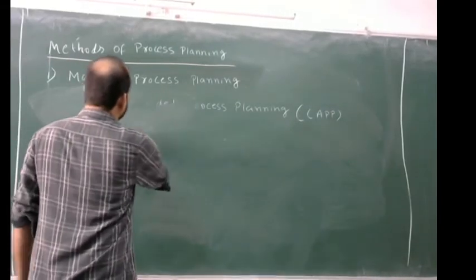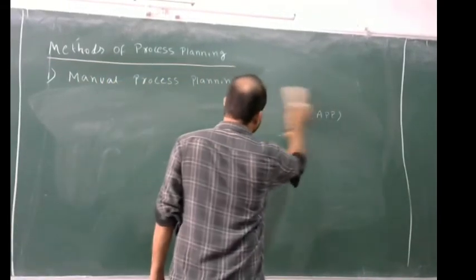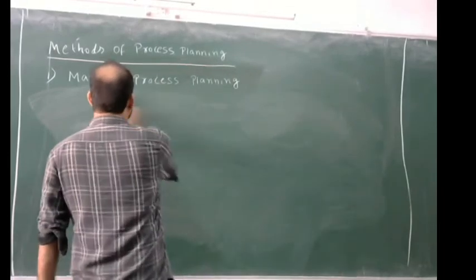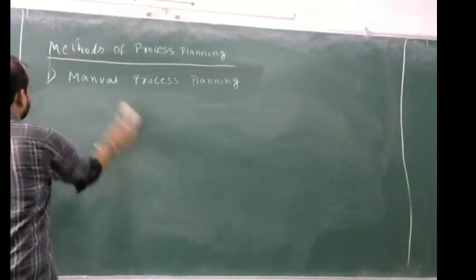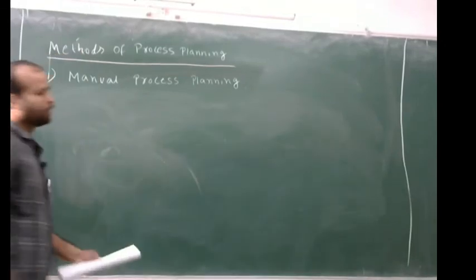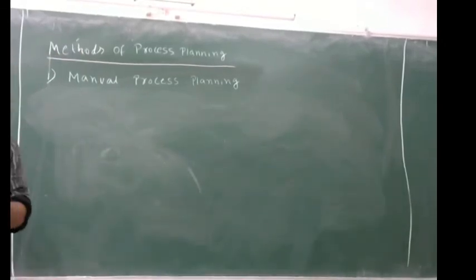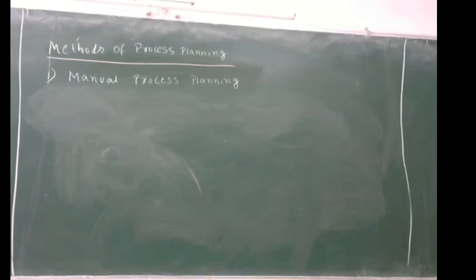First, now we are going to write the theoretical things related to manual process planning. Write down: this type of planning is known as non-variant process planning.